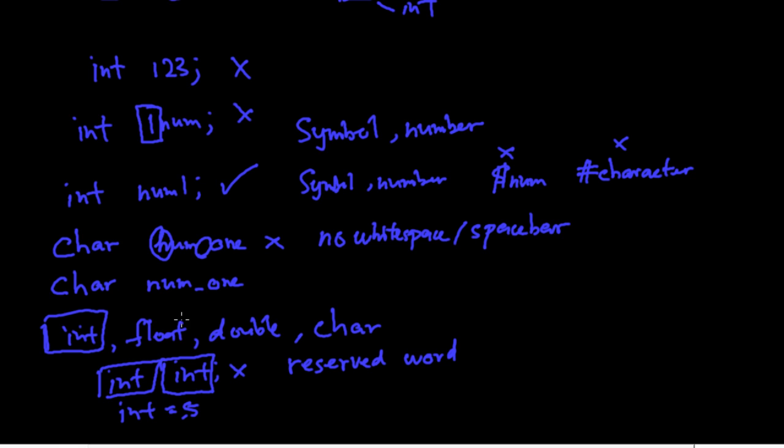So these 4 words cannot be used, as well as many other reserved words such as main. Remember int main? All reserved words cannot be used for the name of a variable.